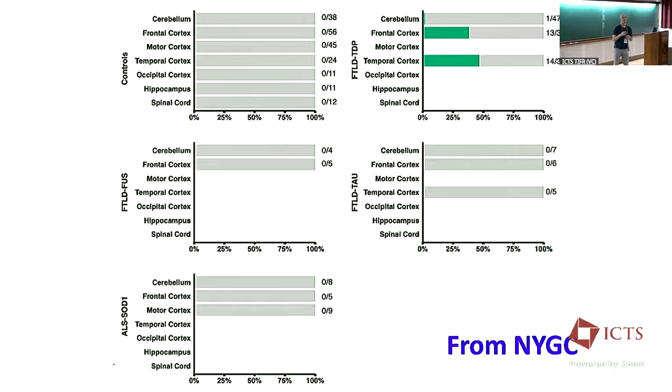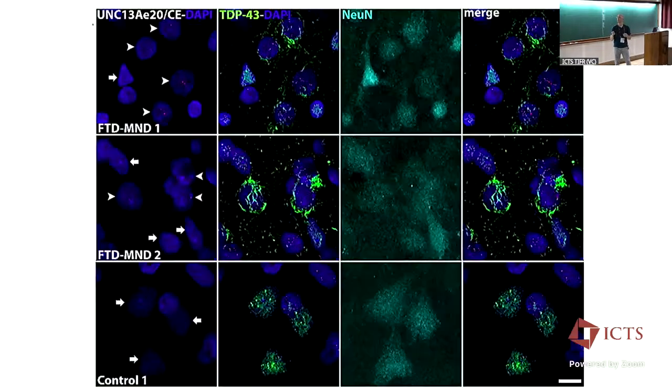But I wanted a way of actually visualizing these cryptic exons in single neurons in the brain of a person with ALS. So Rosa developed a single molecule fluorescence in situ hybridization approach, or BaseScope, in which she can make a probe flanking the cryptic exon and then the canonical exon 20. And she stained patient brains, and you could see, this is with TDP43.